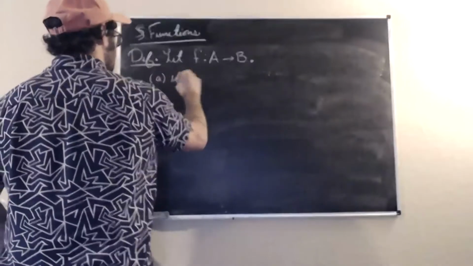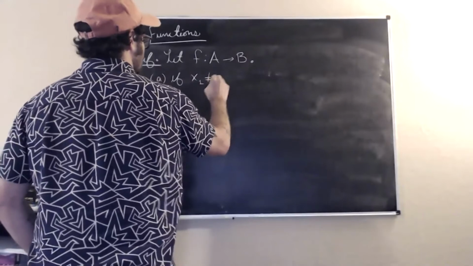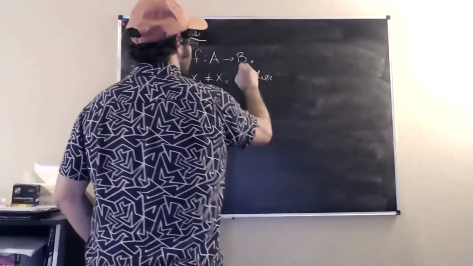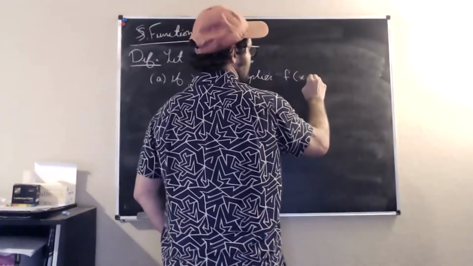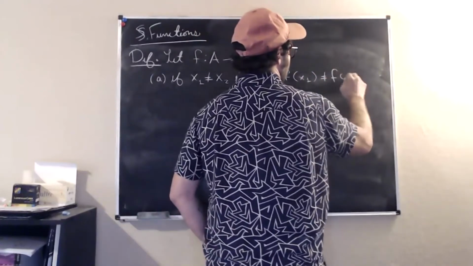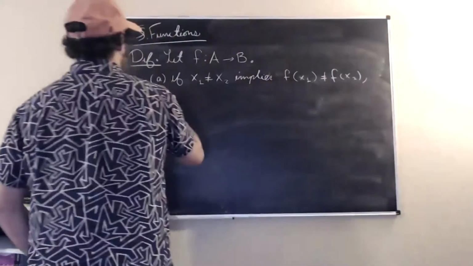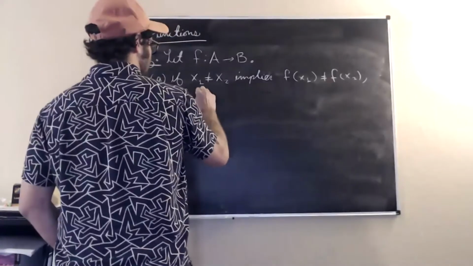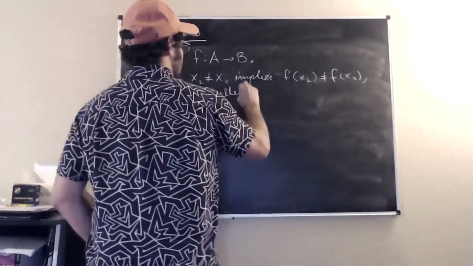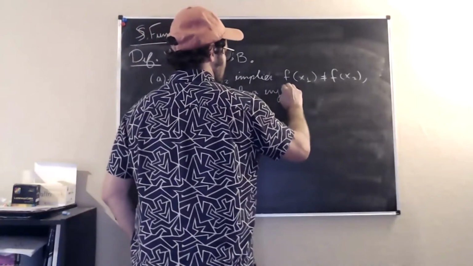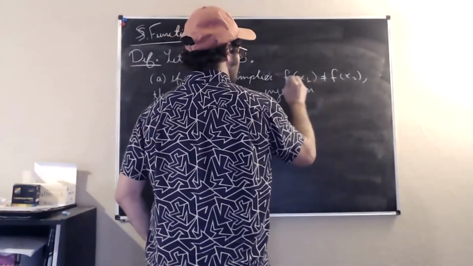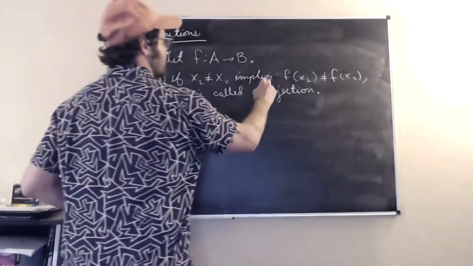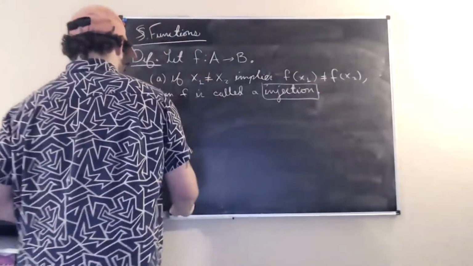So if x1 not equals x2 implies f of x1 is not equal to f of x2, then f is called an injection.